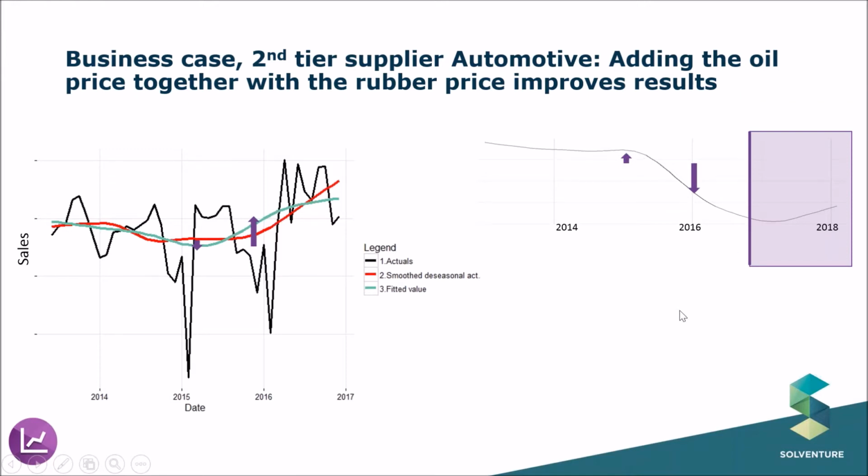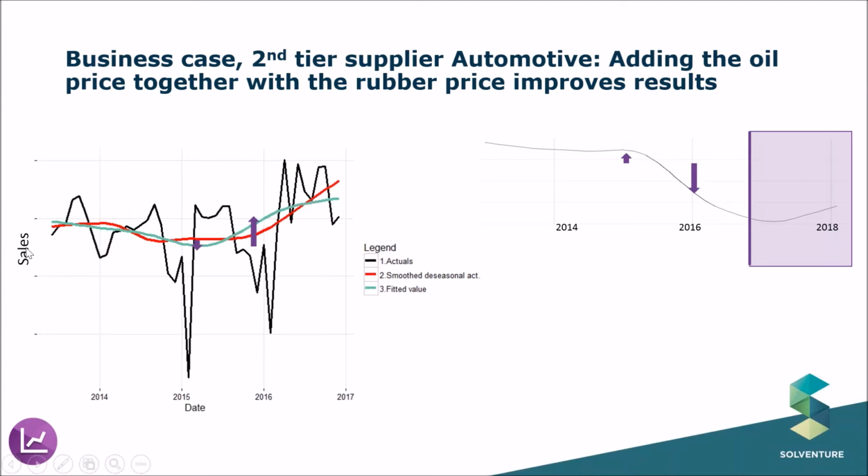And also remember that the oil price had an inverse relationship, right? So if the oil price is going down, it's typically good for our sales. We will sell more to the tire industry. And a big difference you see is that the jump you see over here is really better supported by adding that oil price.